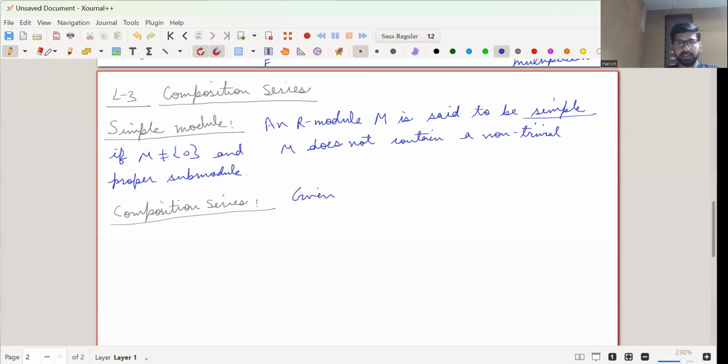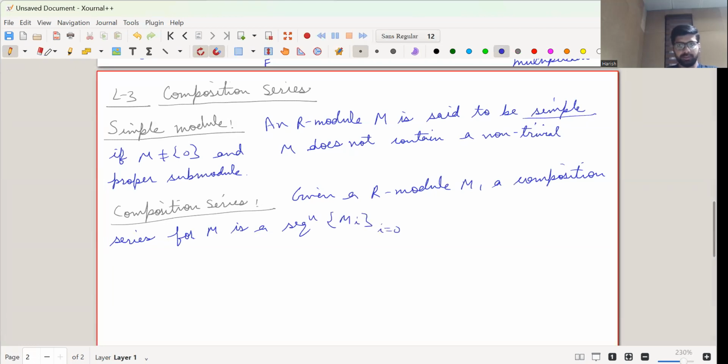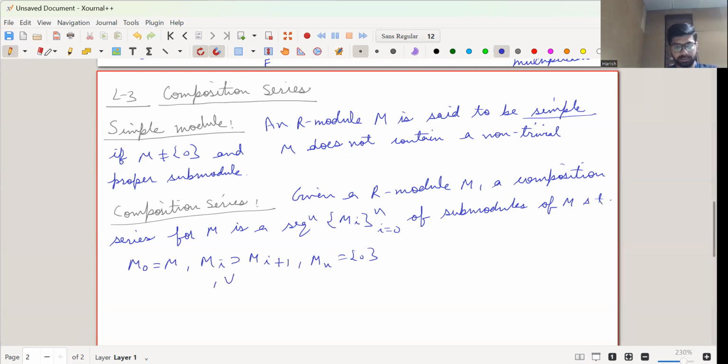So it says that given an R module M, a composition series for M is a sequence Mi, i equal to 0 to n, of submodules of M such that you start with M and make a chain of submodules and stop at 0, for i equal to 0 to n minus 1.